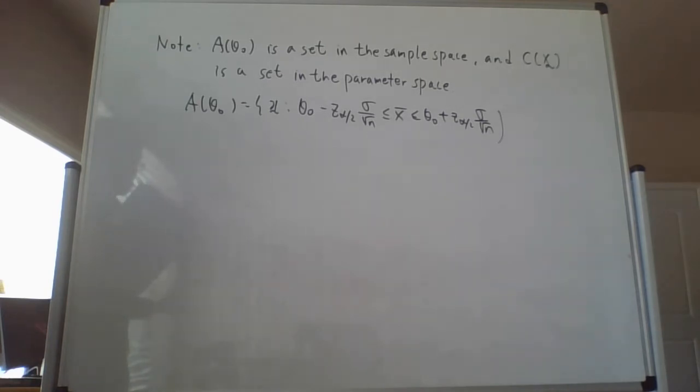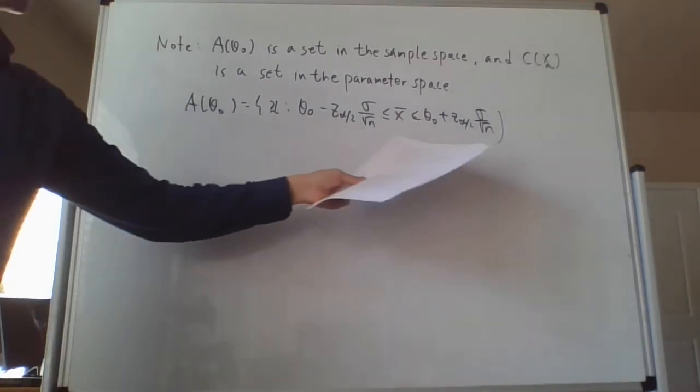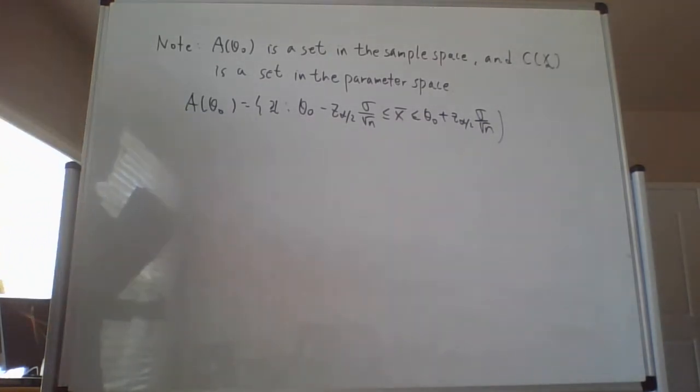A(theta 0) is talking about the sample: the sample such that X bar is between theta 0 minus z alpha over 2 times sigma divided by square root of n, and theta 0 plus z alpha over 2 times sigma divided by square root of n. So A(theta 0) is about the sample in this interval, so it is a set in the sample space. Here the parameter is fixed.